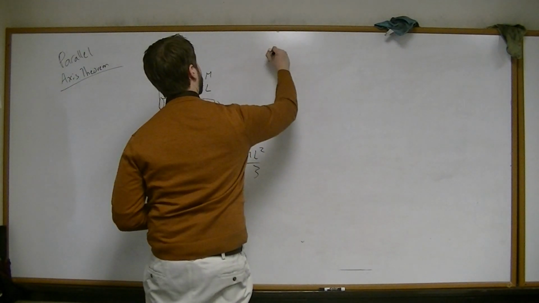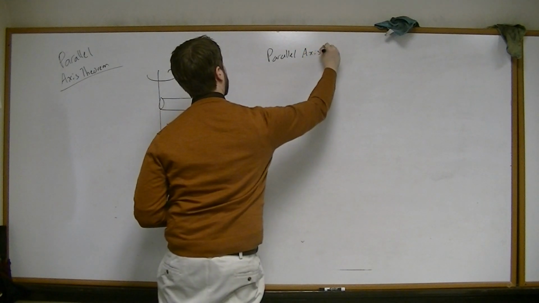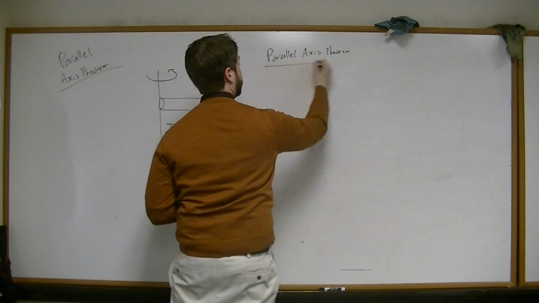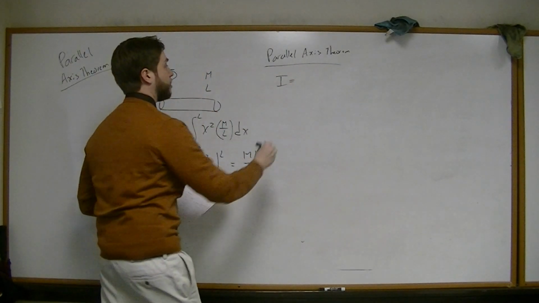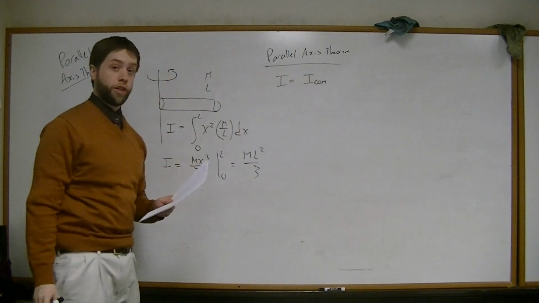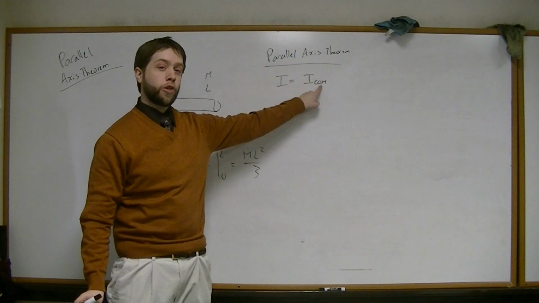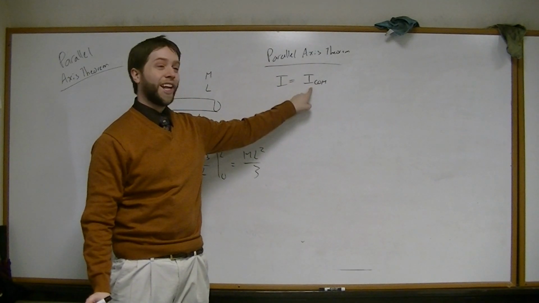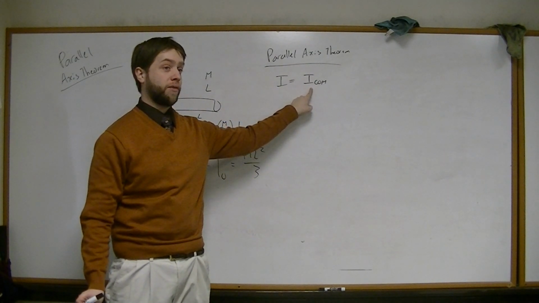And what the Parallel Axis Theorem tells us is that we can set up our rotational inertia equation based off of the original rotational inertia equation around the center of mass. So if you look in your textbook in chapter 10 on that table, you'll see that each one of those rotational inertias is based off of the center of mass of the object.